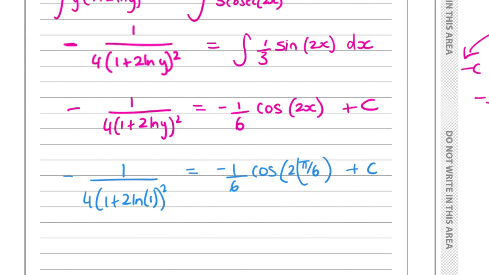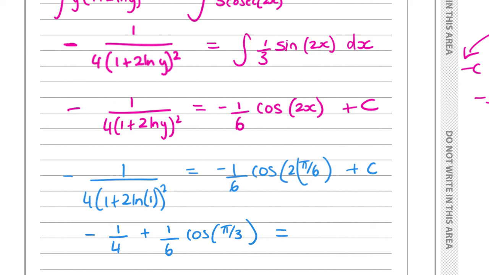Okay, so what is ln of 1? 0. So literally, I'm going to have minus 1 over 4 plus 1 over 6 cos pi over 3. What does that give me? Make sure your calculator's in what?